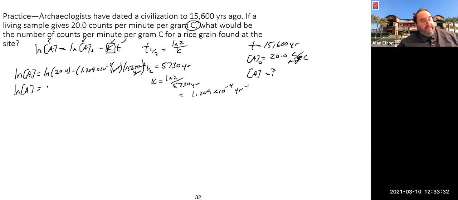If we do that, we end up with the natural log of 20 equals minus 1.209 times 10 to the minus 4 times 15,600, which is going to give us 1.10969. Again, we're going to exponentiate both sides.